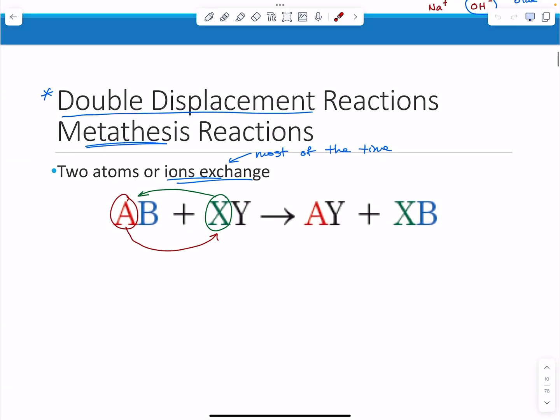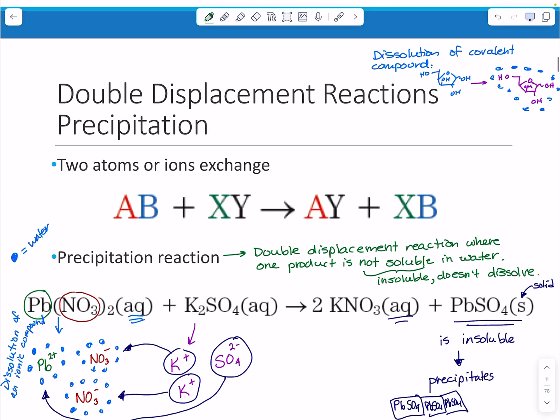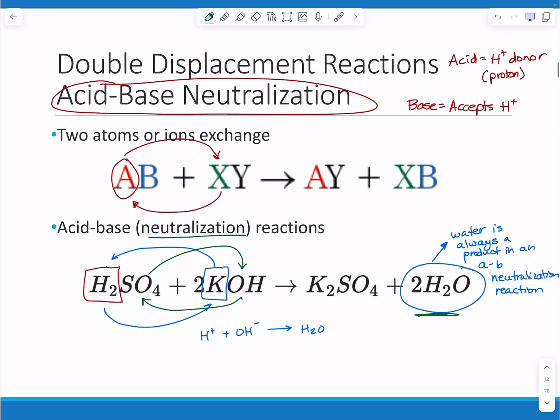In a double displacement reaction, we have two things that are exchanging, both A and B swapping partners. Those can be precipitation reactions, which is what we're going to talk about with net ionic equations later today, and acid-base neutralization, which we'll get to by the end of class today.